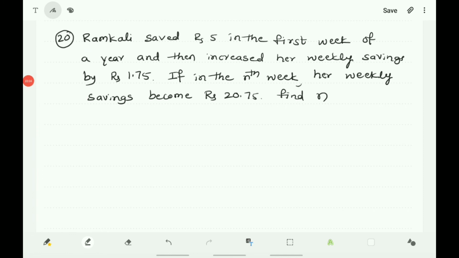Question number 20. Ramkali saved rupees 5 in the first week of a year and then increased her weekly savings by rupees 1.75.